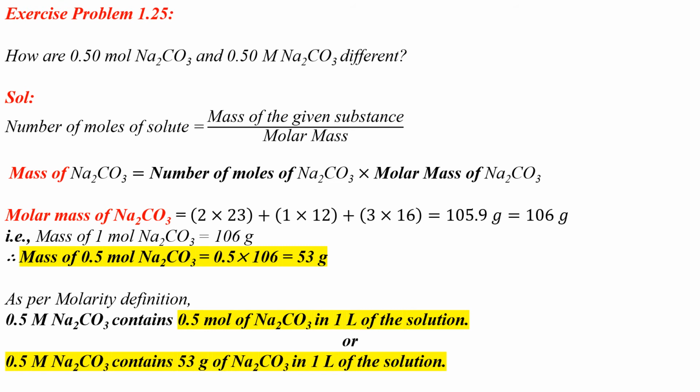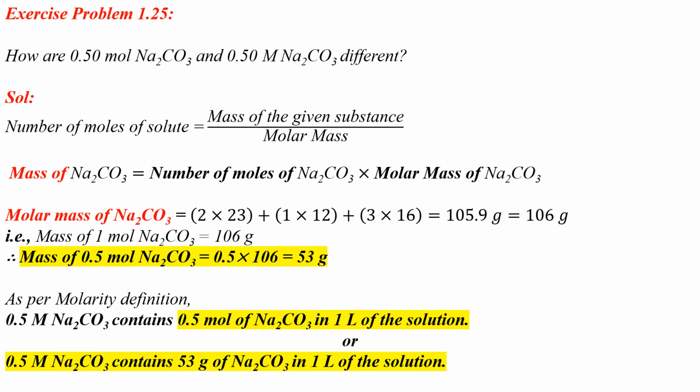Now we must calculate the molar mass of sodium carbonate in order to substitute it in the formula for calculating the mass of sodium carbonate. Therefore, molar mass of sodium carbonate is calculated in this way. There are 2 atoms of sodium here. So 2 into the mass of sodium, which is 23, plus there is 1 carbon atom.